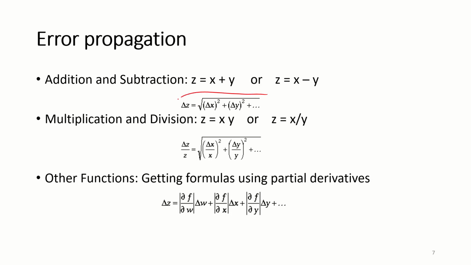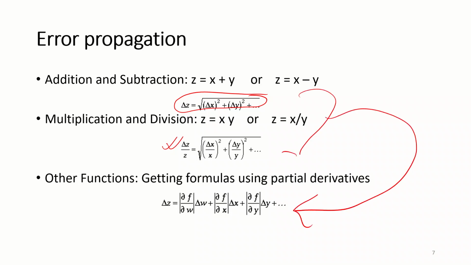This can be calculated by this formula in cases of addition, and in cases of multiplication and division it's this one. I won't go into the derivation, I think in the class the derivation has been done. There is a general master formula, and you get all of these from that one.